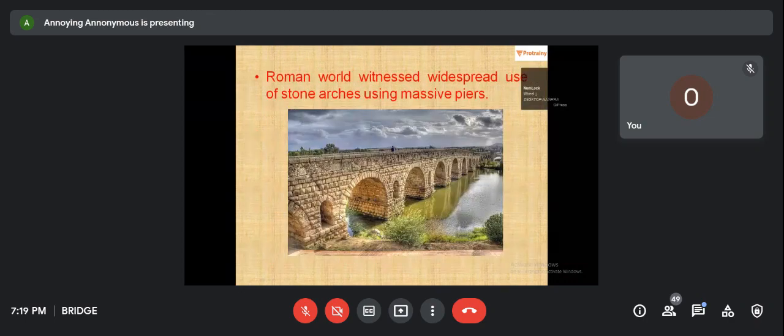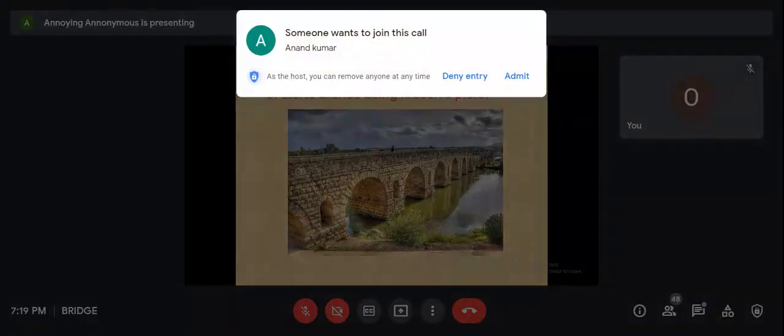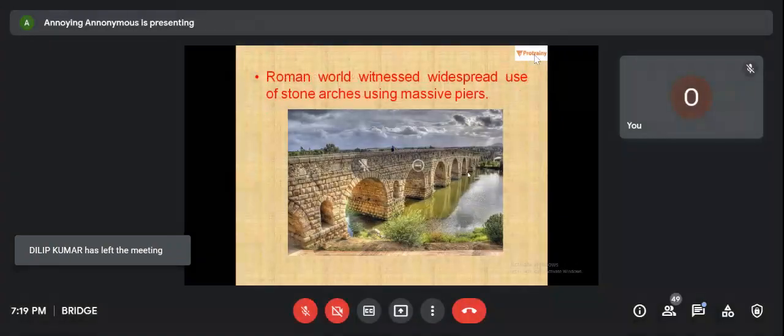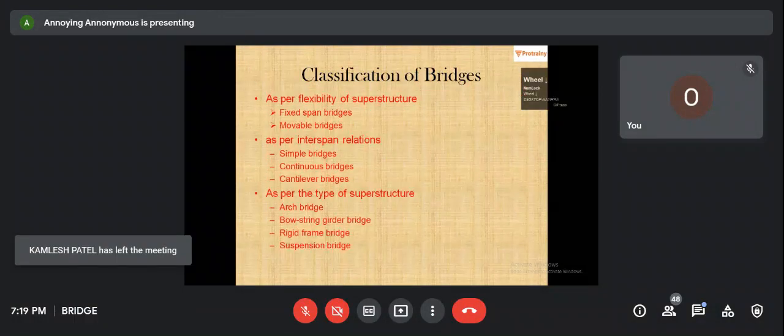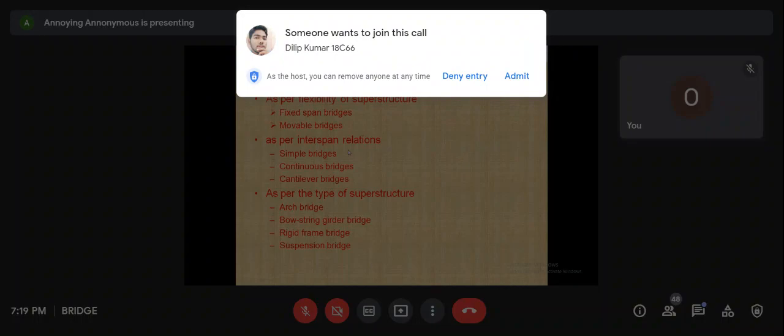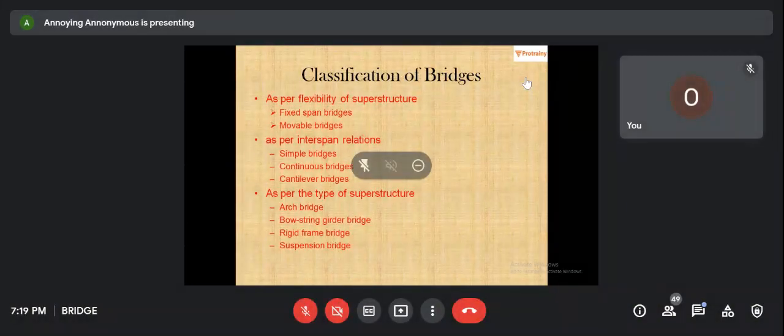Here you can see 1, 2, 3, 4, 5, 6, and so on. These are called spans. So as per interspan relation, there is simple bridge, then continuous bridge, and then cantilever bridge.